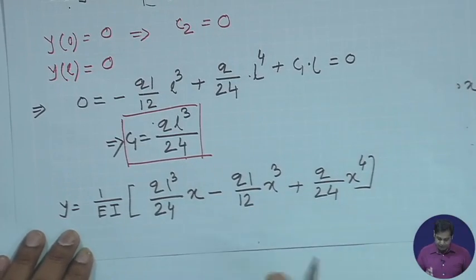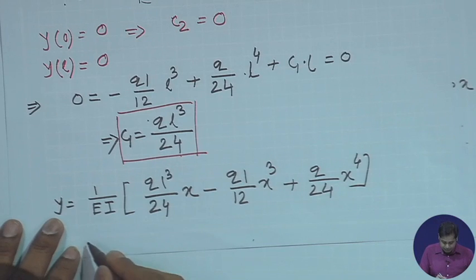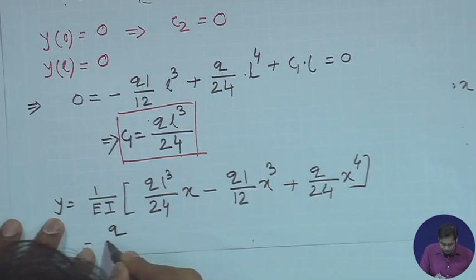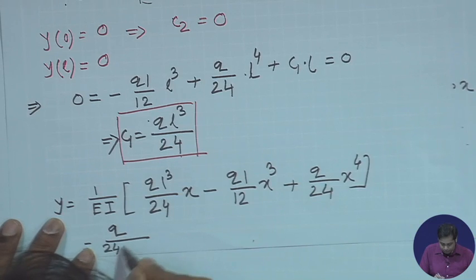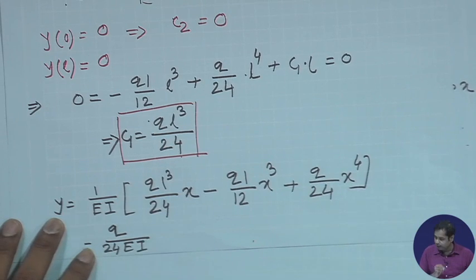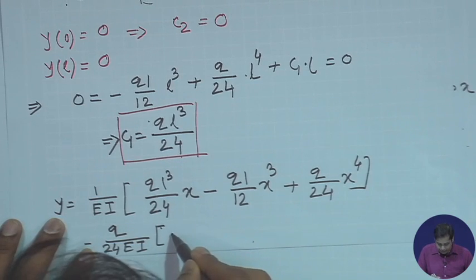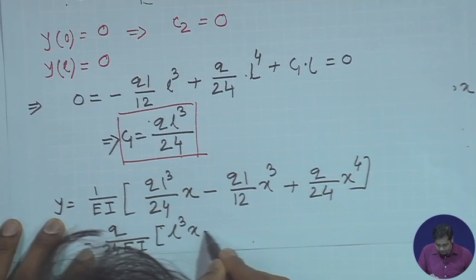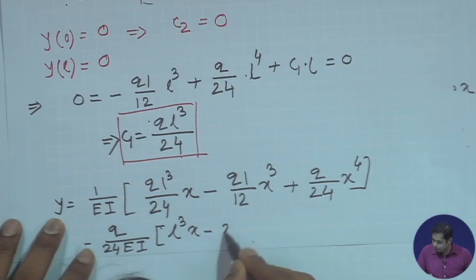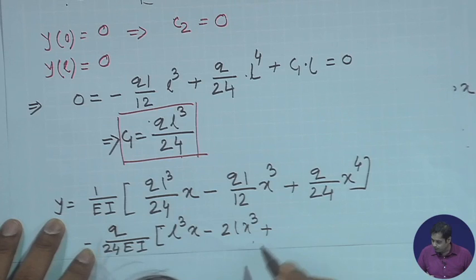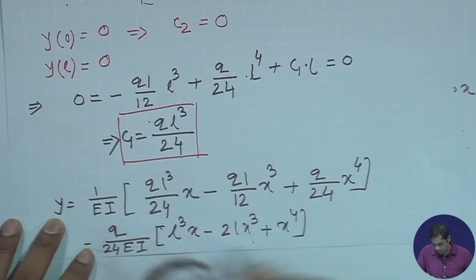Okay. Now, it can be slightly more modified. If we take q/24EI common, it gives me L^3 x minus 2L x^3 plus x^4.